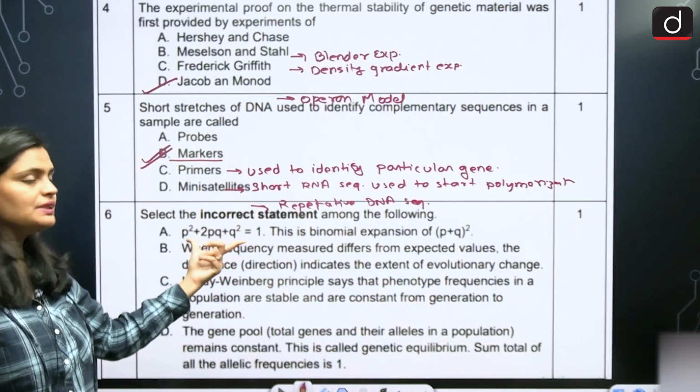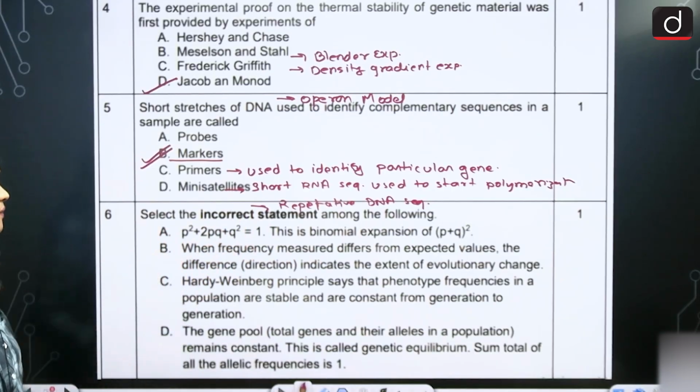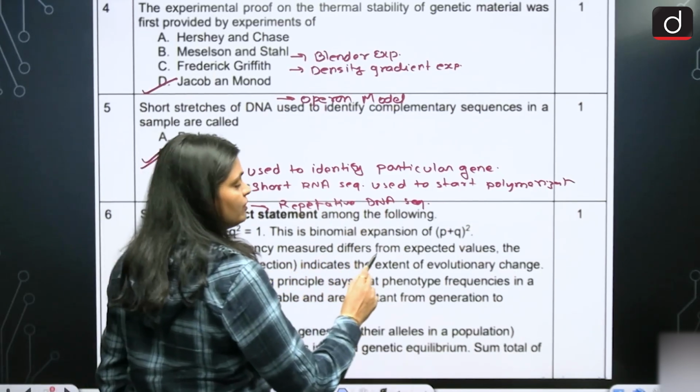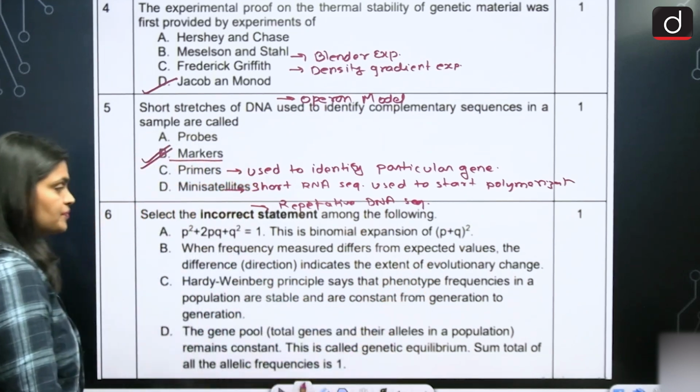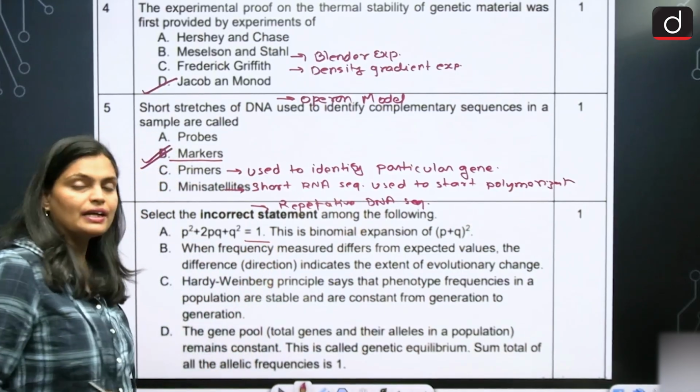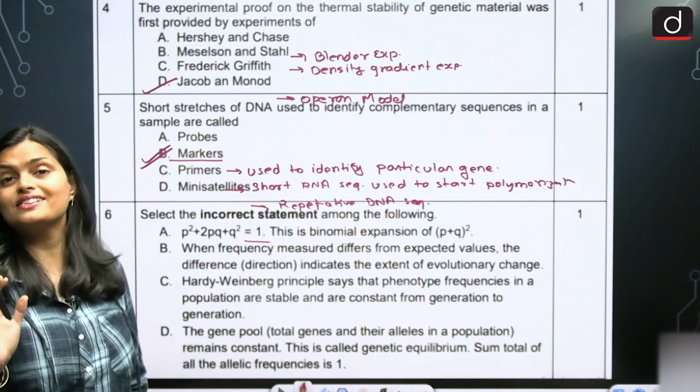So p plus q is correct. ये पहला statement तो correct है. Second statement is when frequency measured differs from expected value, ठीक है? So always this frequency is equal to 1, allelic and genotypic frequency is equal to 1.